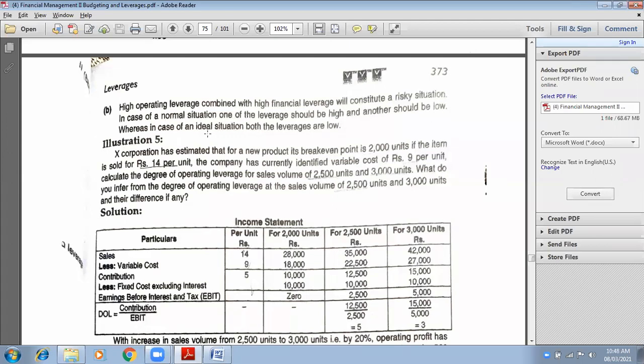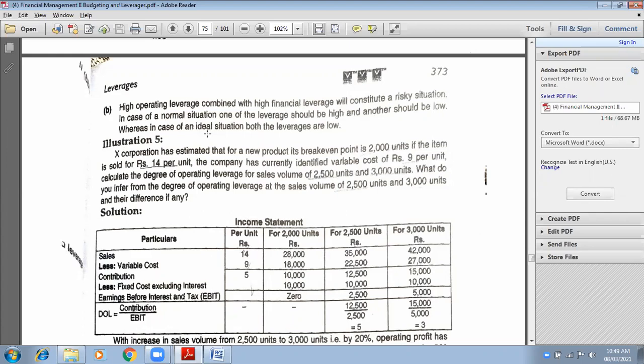Next, point number 2: When one of the leverages is high and the other one is low, it constitutes a normal situation. Done this much? Yes, ma'am.